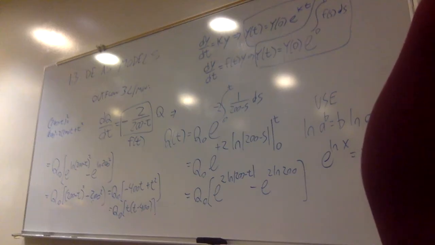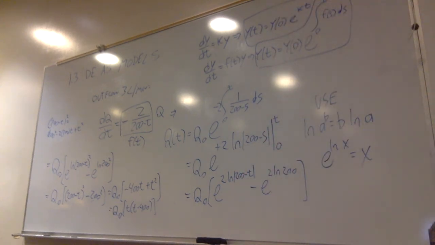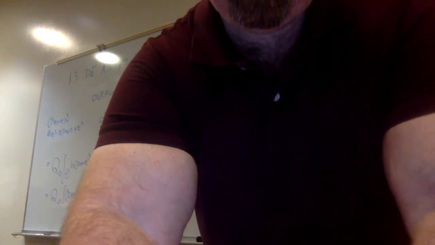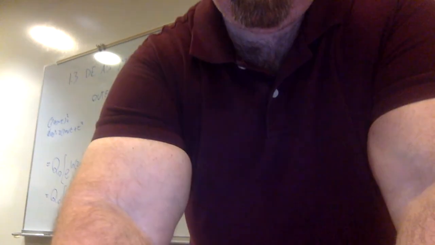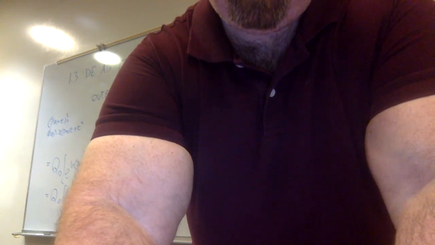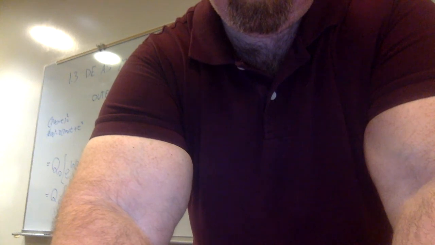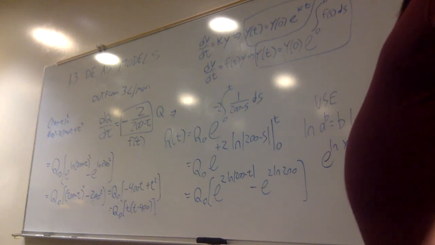Yeah, so for example, if I substitute in a made up value of t here, the whole quantity turns out to be negative. But the integrand is over 200 minus s.